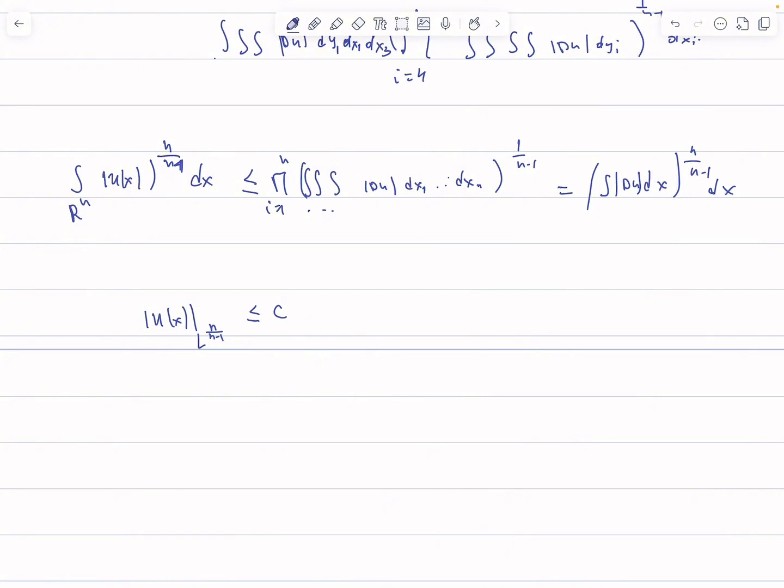Our c here is 1, because our p is 1, here should be power 1.